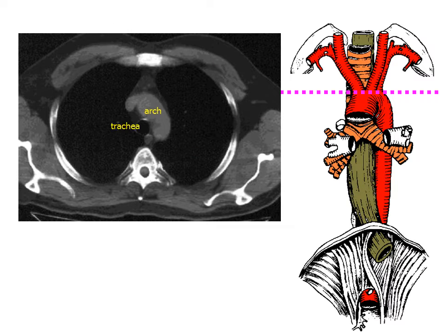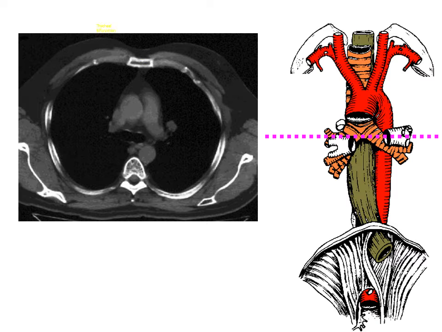This CT scan shows you the arch of the aorta, the trachea before it, and the esophagus in section. On the right side, the dotted line shows the level of our sectioning.